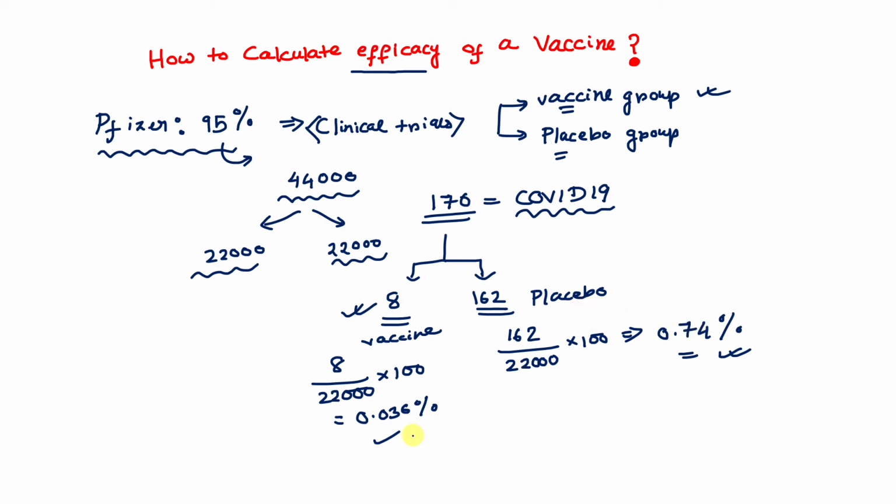Now suppose you take the ratio of these two numbers. What you will get is the ratio of 0.036 to 0.74. This ratio is called the relative risk factor.